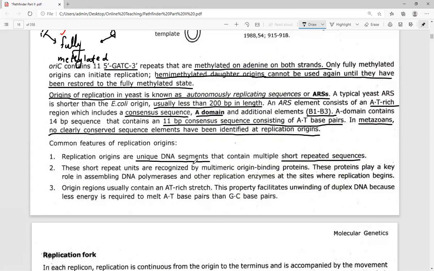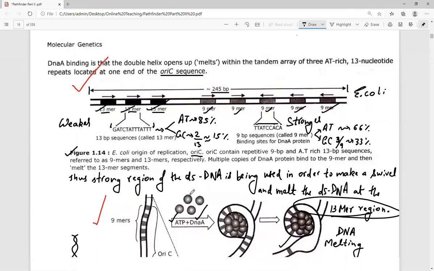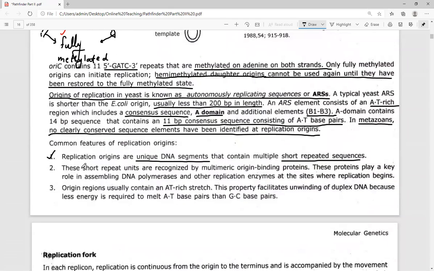For example, the unique DNA sequence of 245 base pair present in E. coli. But this DNA sequence also contains certain conserved residues called the 9-mer residues and the 13-mer residues. So these are the conserved residues which are present here.